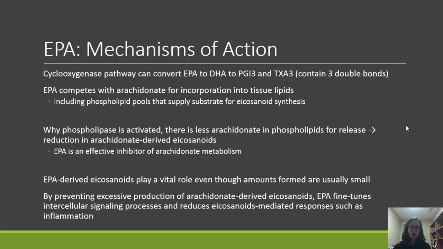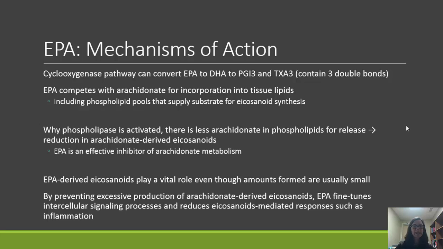Now, EPA-derived eicosanoids, which remember are minor in comparison to our arachidonate-derived eicosanoids, play a vital role in our immune function, even though the amounts formed are usually really small. And they do this, again, indirectly. They do this by preventing excessive production, and therefore the action, of these arachidonate-derived eicosanoids.